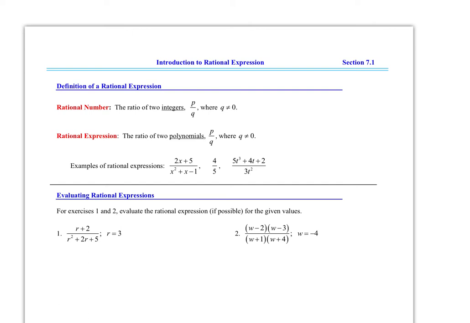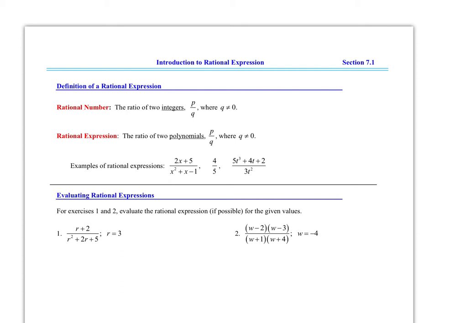In 7.1, we're going to review rational expressions. One of the most important things to realize is that the word rational means fractions. A rational number is just two integers, one in the denominator and one in the numerator.